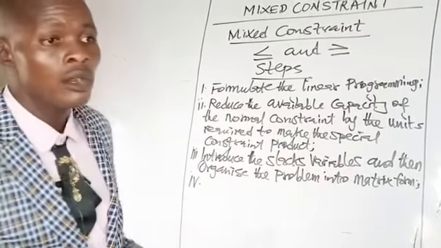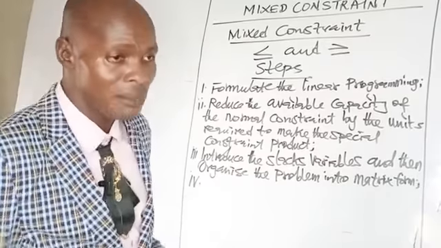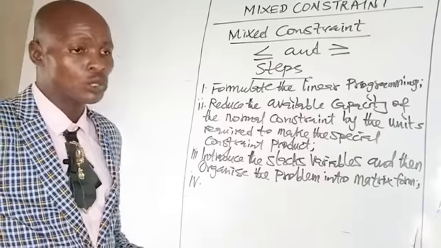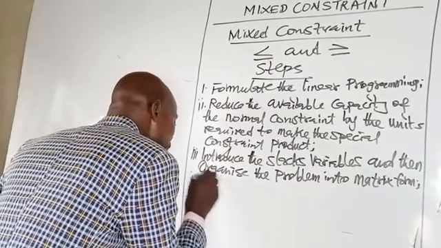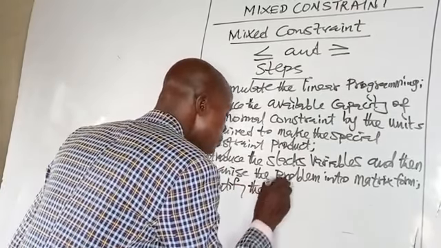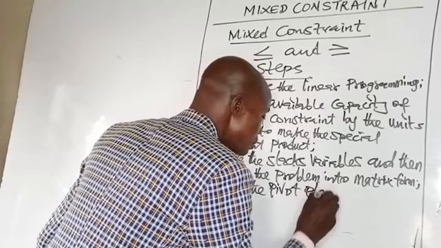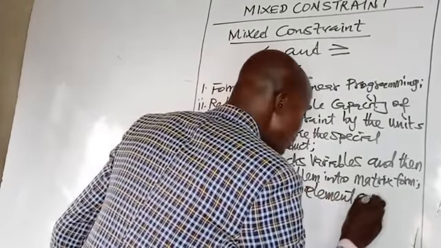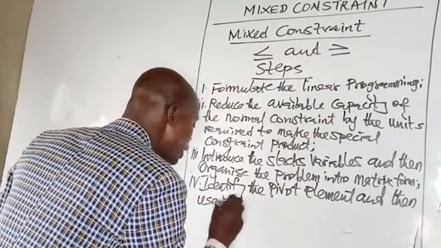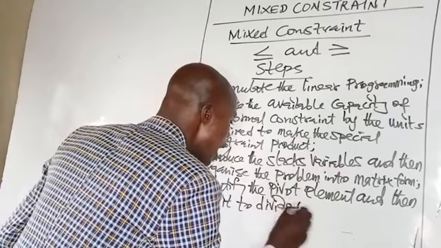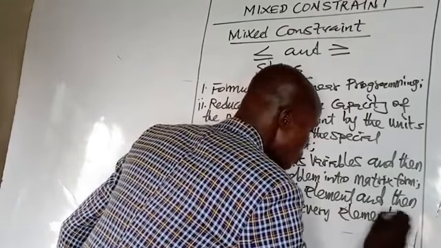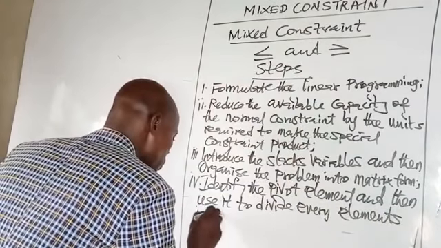Step number 4 is to identify the pivot element and then use it to divide every element in the pivot row.